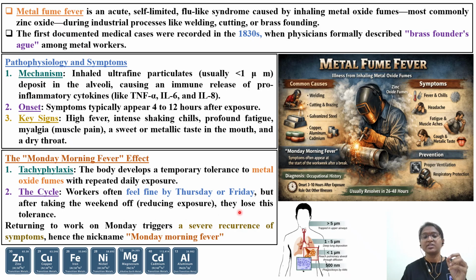With reduced exposure, they lose this tolerance. Returning to work on Monday triggers a severe recurrence of symptoms, hence the name Monday morning fever. So go back, pause here and try to understand. Here you can also see the different symptoms, prevention, why it is called Monday morning fever, and common causes. Read and try to remember. If they give you any of these metals in the options, try to remember and answer the question.